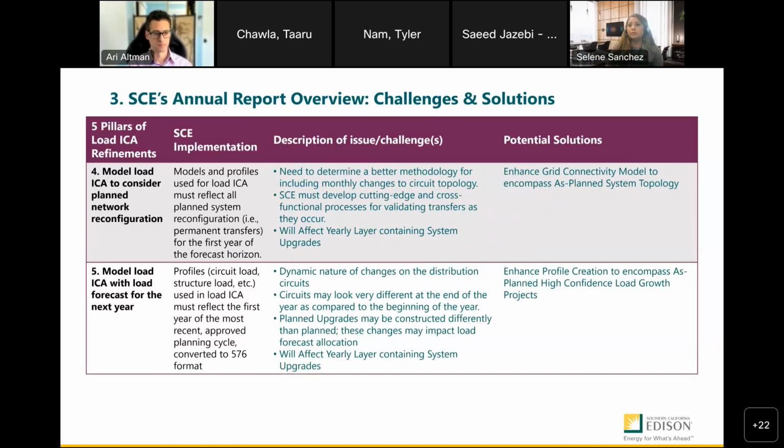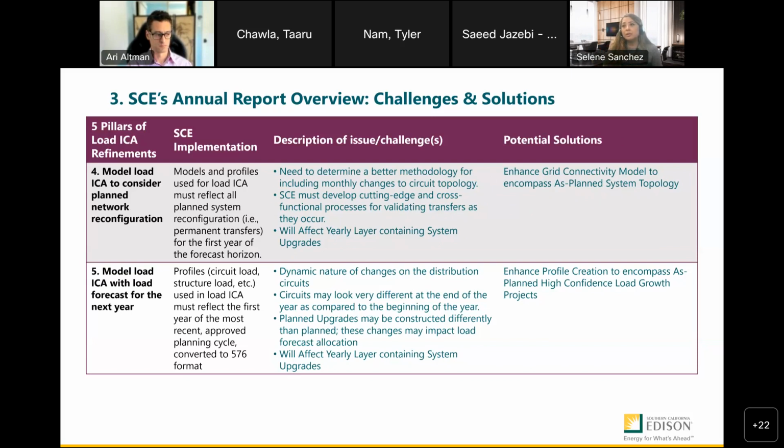We could go to the next slide. So for these two, similarly to the distribution system upgrades, which is pillar number 2, we plan on including any planned network reconfigurations. What we're envisioning is to ensure that we have the ability and flexibility to adopt and reflect what's going on in our system with permanent transfers, right?